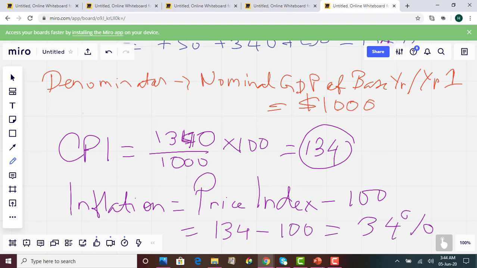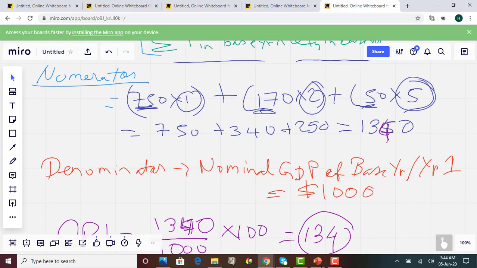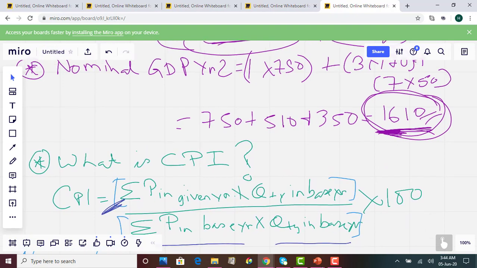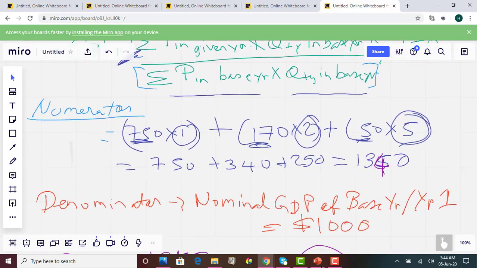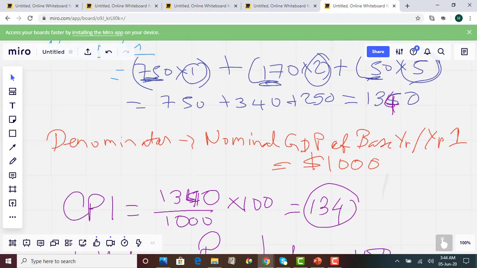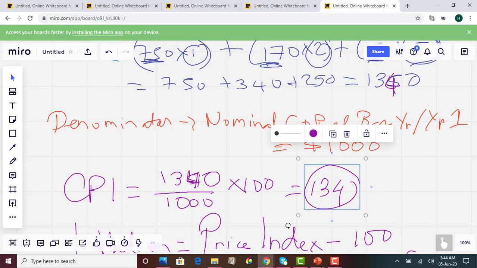So this means for this basket of goods from year 1 to year 2, the prices have gone up by 34%. That's a pretty big jump, okay? That's why we have to adjust the nominal GDP in year 2 using the price index, which we calculated to be 134.